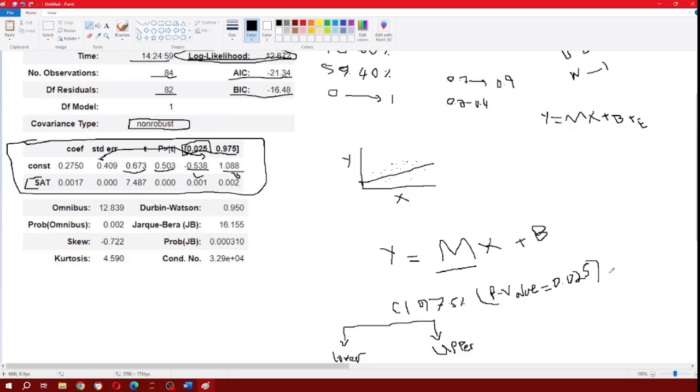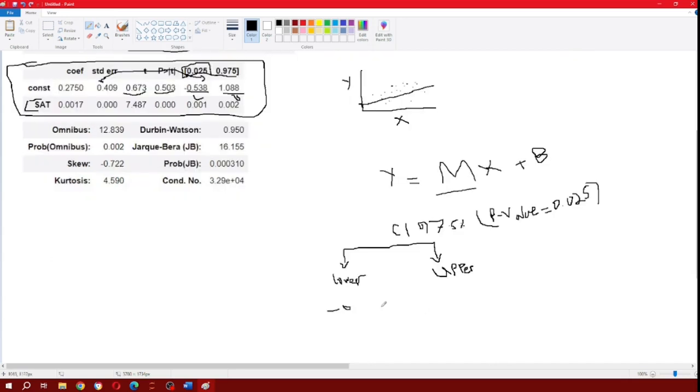With the p-value 0.025, we can be 97.5% confident that our lower boundary for this constant coefficient will be 0.538, and our upper boundary will be 1.088.